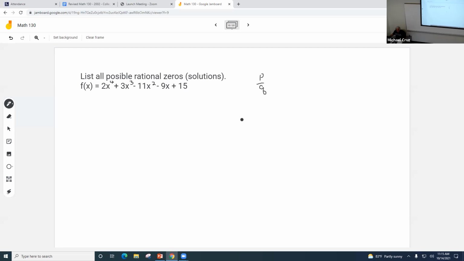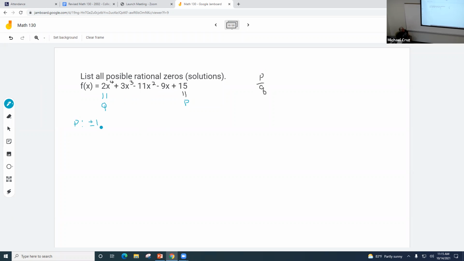All right. So P is this right here. This is P. And this is Q, the coefficient. So let's list all the P's first. What you've got to do is just list all the factors of 15. One is a factor of any number, so one's always going to be in there.